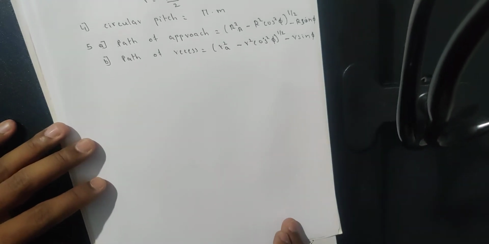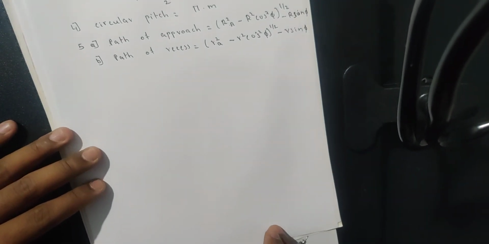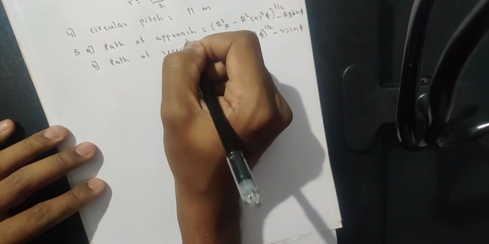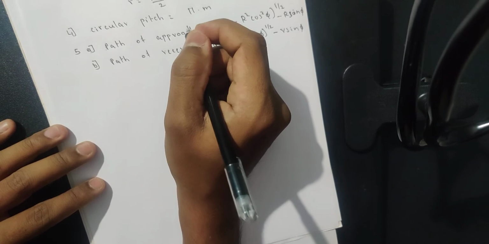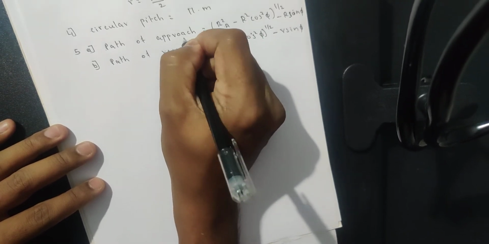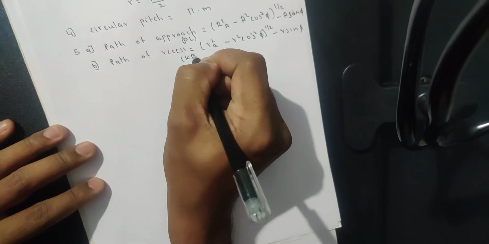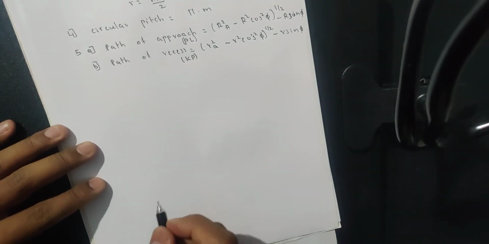So this is called path of approach and path of recess. We can write path of approach as PL and path of recess as KP, or you can keep the short form however you want.